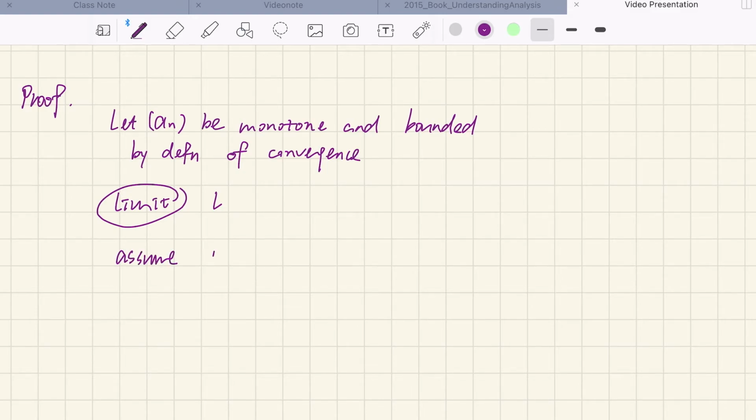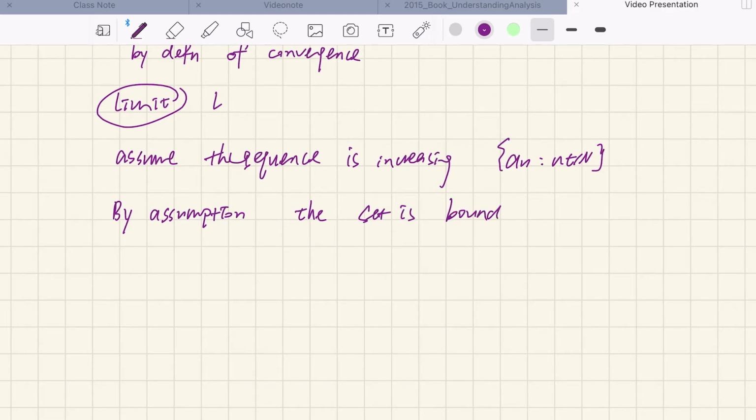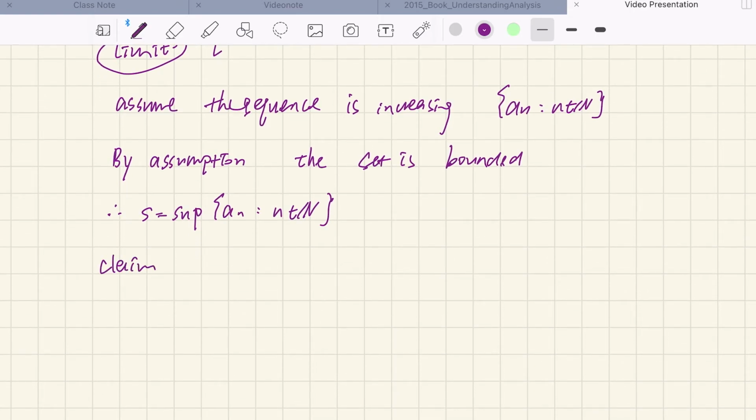So let's assume the sequence is increasing, which, notice here, the decreasing case is going to be similar. And we're also going to think of the set of points an, where n belongs to the natural number. So by assumption, the set is bounded. So S equals the supremum of the sequence an, n belongs to the natural number. We'll get an obvious claim here that limit an is equal to S.